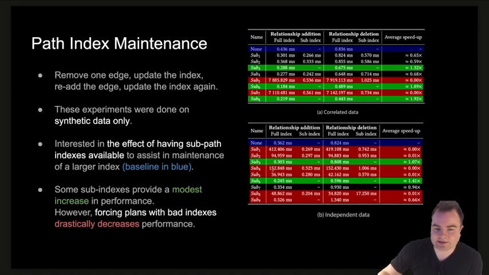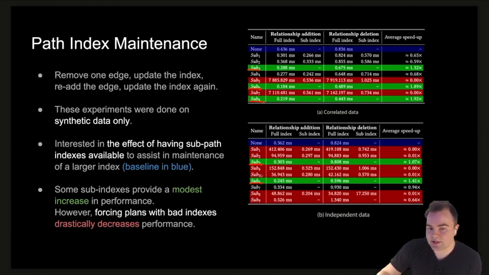The result is that some patterns indeed allow us to speed up the maintenance significantly on the different data sets, whether the data is correlated or not. But some others were actually not beneficial at all in the maintenance of path indexes.